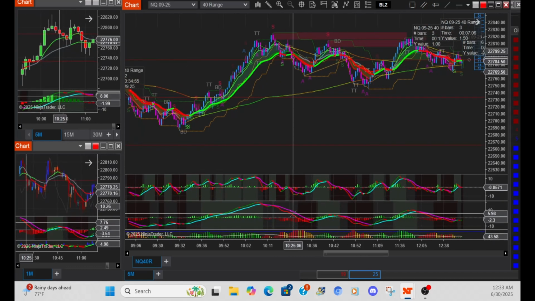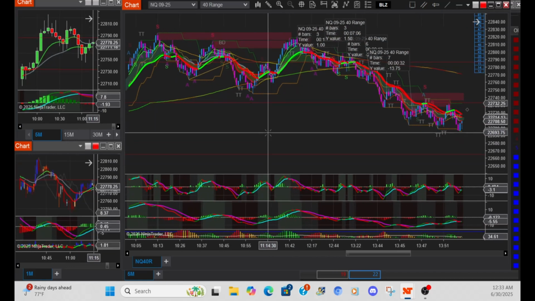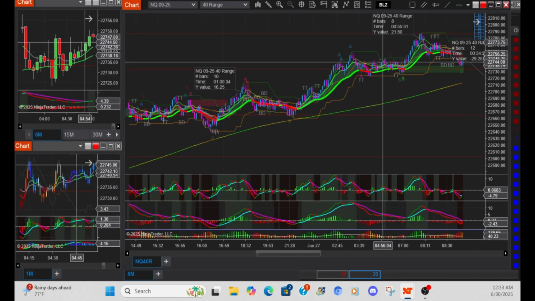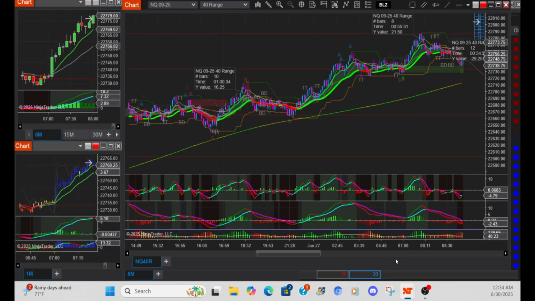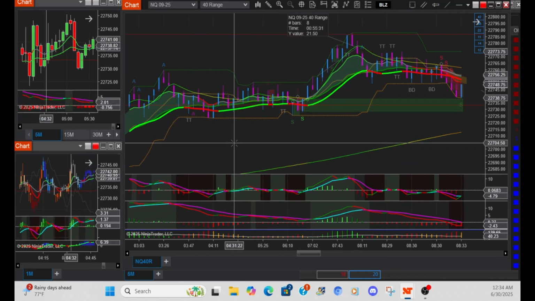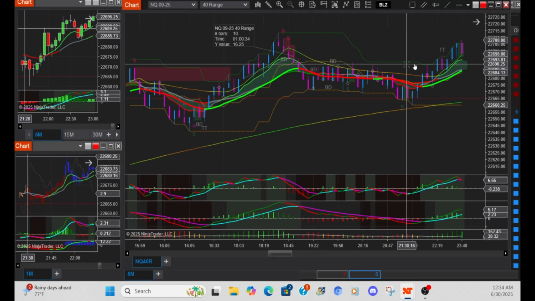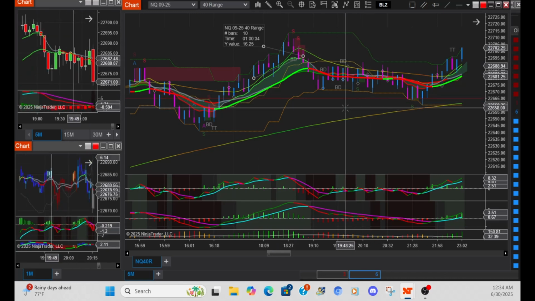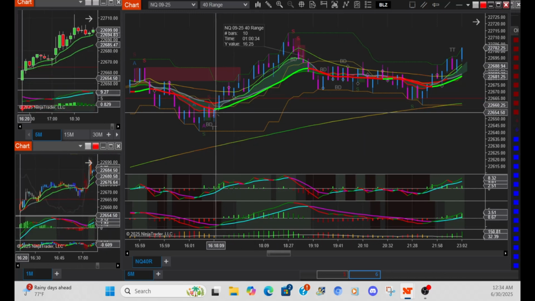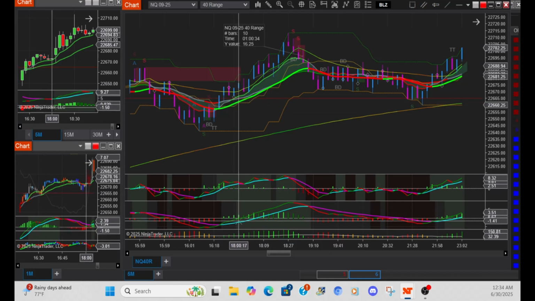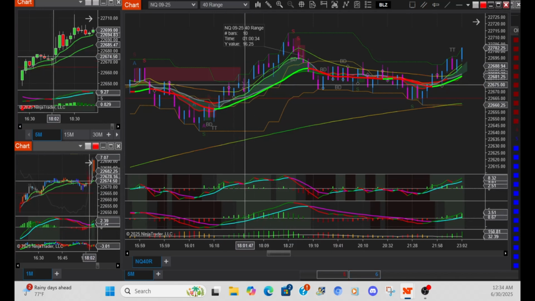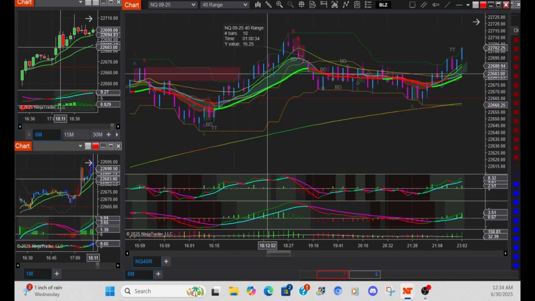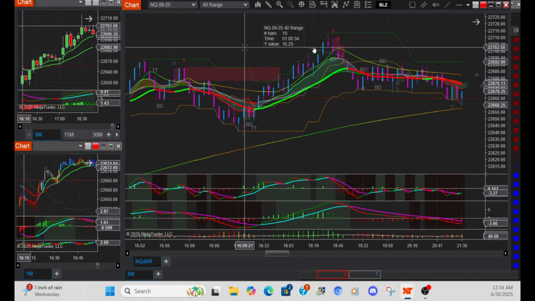MACD is going to give you some hints as to what the direction of the breakout would be. But there's no need to be forcing it. If you get the retest, you have a lot better probability with the trade. Here, because zero, this didn't come down below. It just went right on up. All the conditions were met, so you're good.